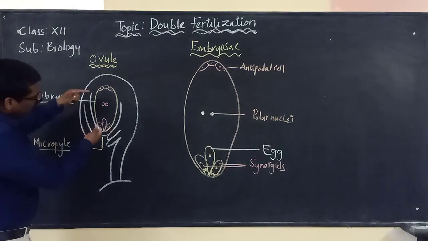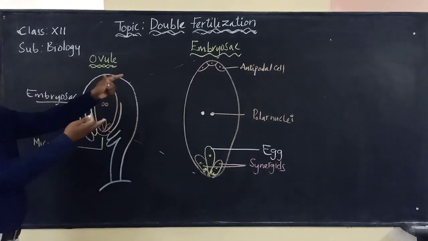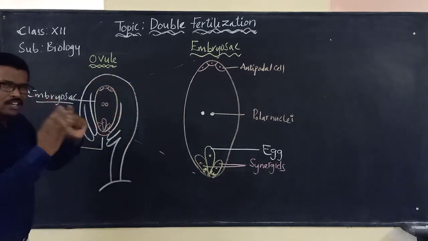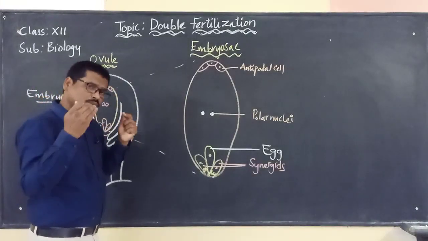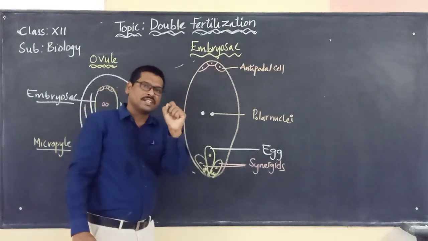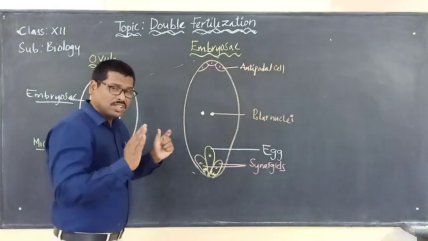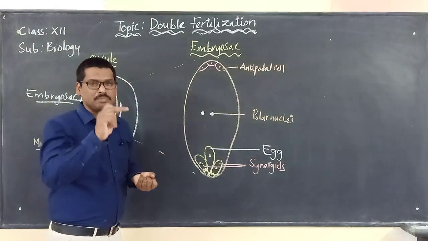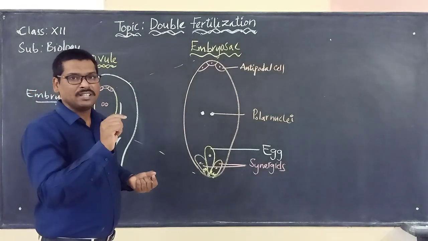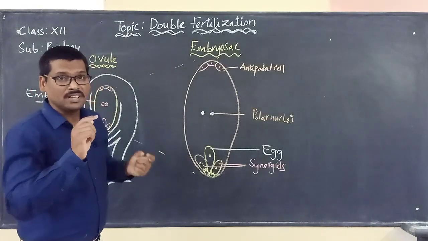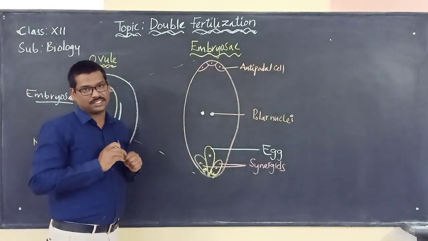So if you take the embryo sac outside, to understand clearly how double fertilization takes place. You all know what we mean by the word fertilization. What do you mean by the word fertilization? Fusion of the male gamete with the female gamete to form a zygote is called fertilization.